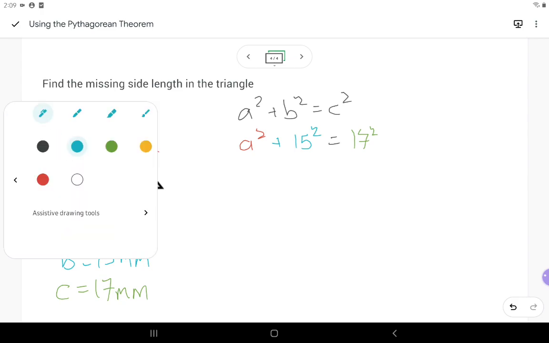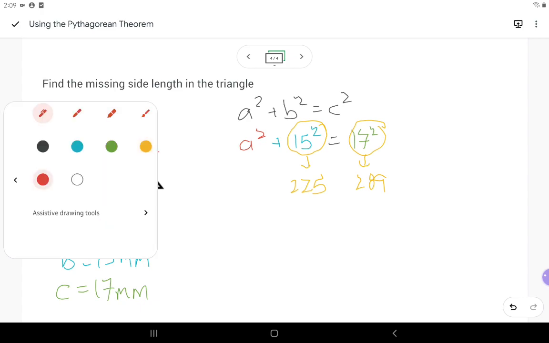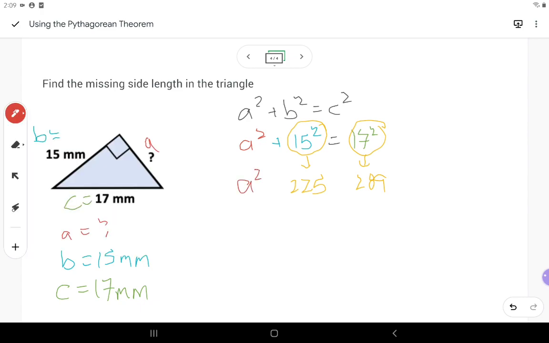Filling in the information, 15 squared would turn into 225. 17 squared would turn into 289. 17 times 17 is 289. I still have this a squared, and now it's a squared plus 225 equals 289.